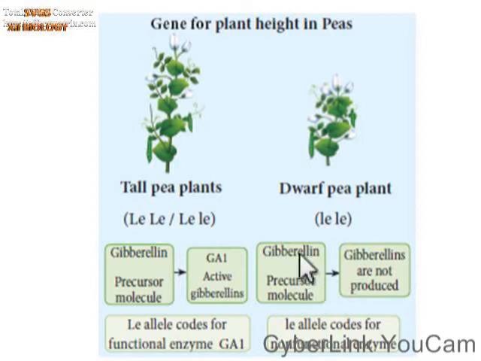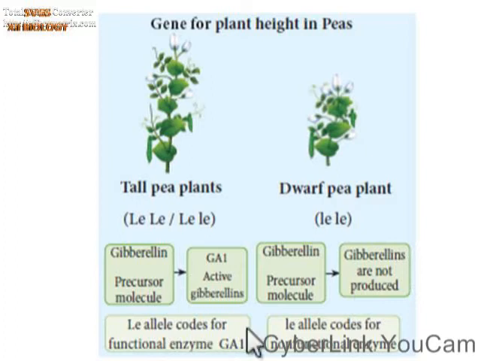When the enzyme responsible for this activation is not present, the gibberellin will not be produced, which is the growth hormone. So in the absence of growth hormone, the plant will not grow taller, so the plant will be a dwarf plant. This is the molecular reasoning behind the tall and dwarf plant.